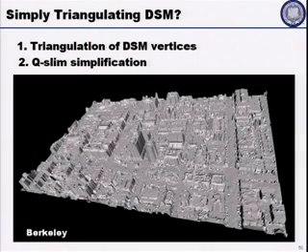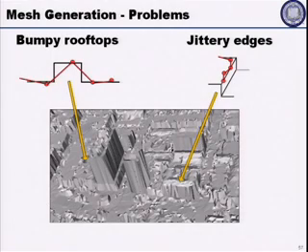And if you just connect everything up and triangulate it, and do Qslim simplification, it looks very noisy. The reason is that if you zoom in, you see the rooftops look very bumpy, the edges are very jittery, and all that.